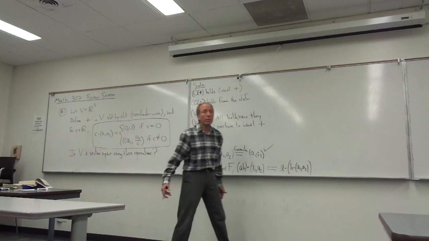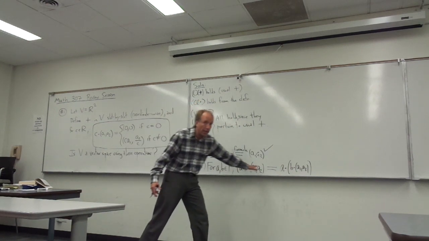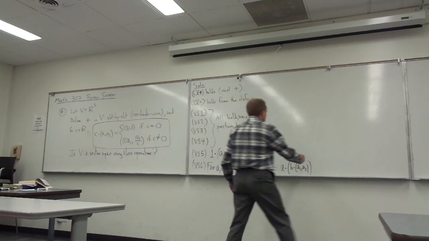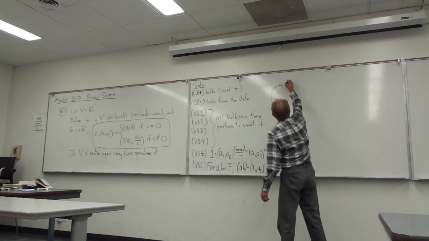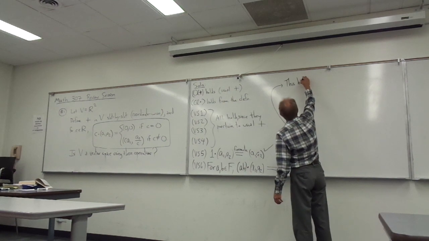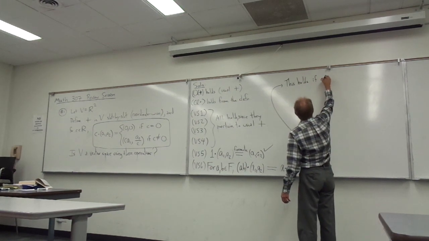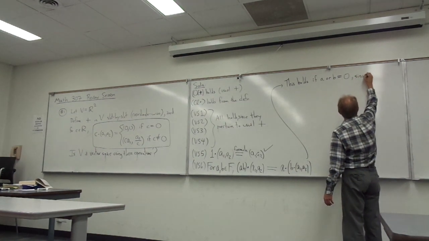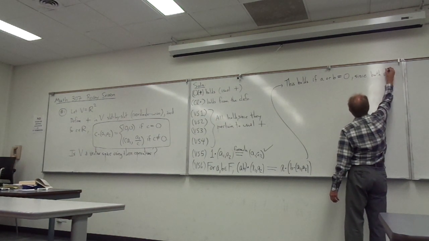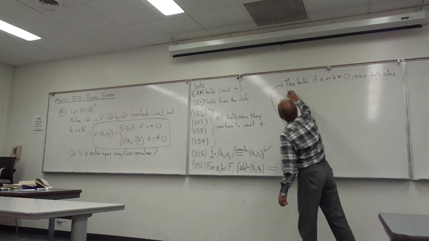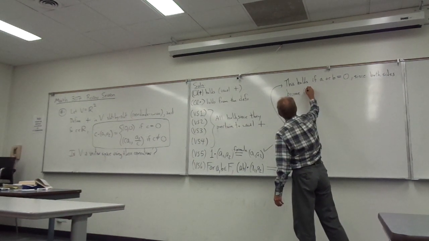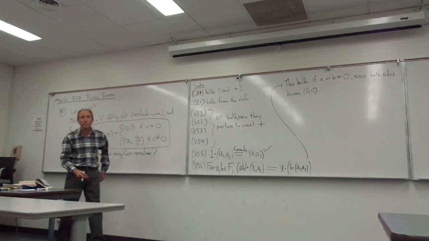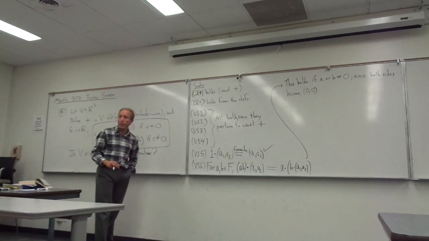So this is certainly valid if one of the scalars is 0. Let me make a note here: this holds if A or B equals 0, since both sides become 0, 0. So if A or B are 0, then we're good.